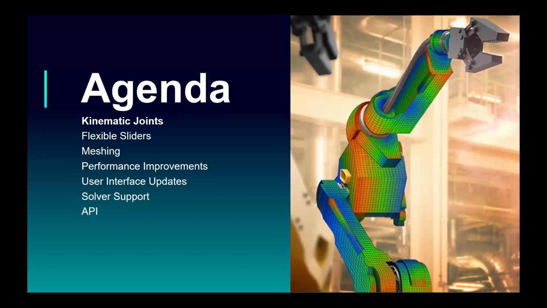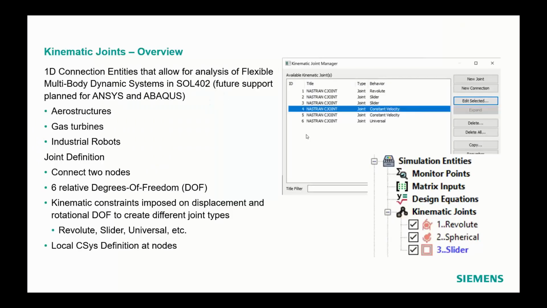All right, so let's get into the updates for Femap 2022.1, and we'll start off with the Kinematic Joints. The addition of Kinematic Joints is essentially a system for analyzing mechanisms. It allows you to connect parts together with different types of joints.